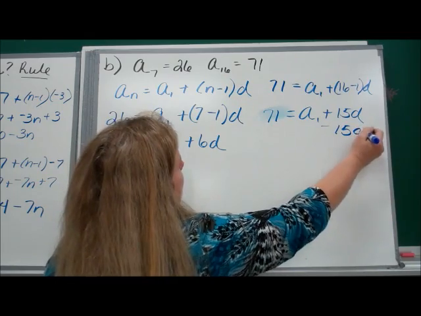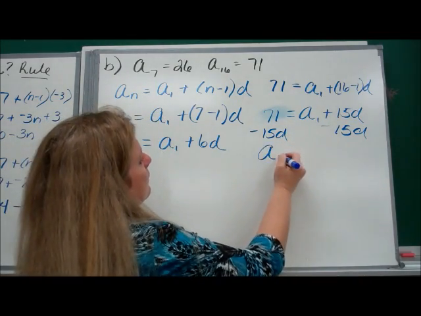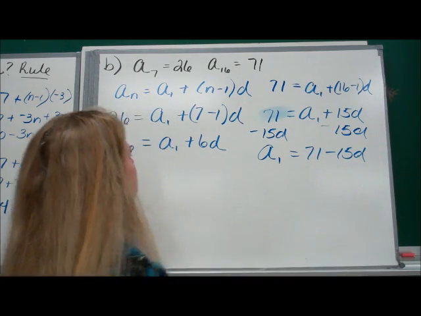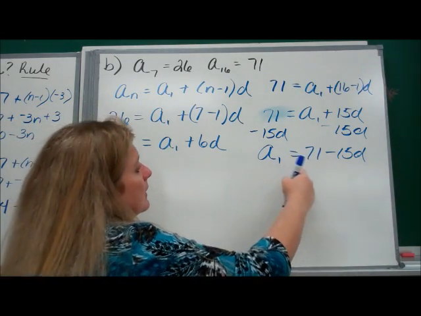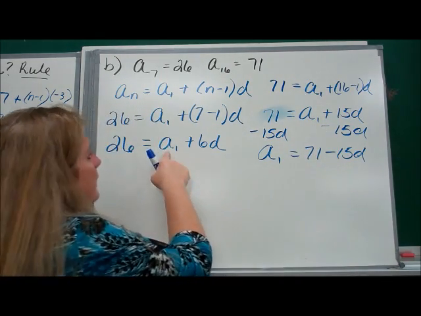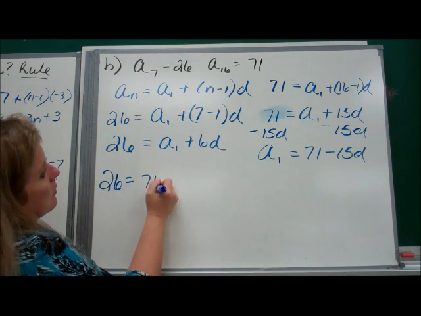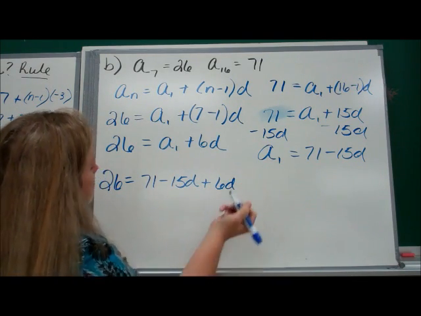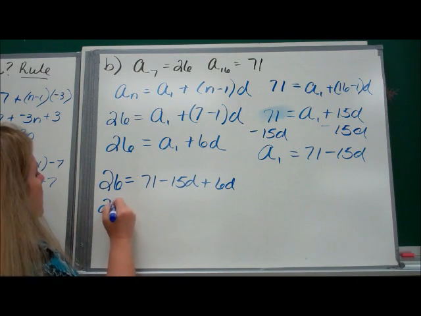Subtract the 15d here, so a1 equals 71 minus 15d. Now I'm going to substitute it here. We've got 26 equals 71 minus 15d plus 6d. Now I have it down to one variable, and we can solve that pretty quickly.